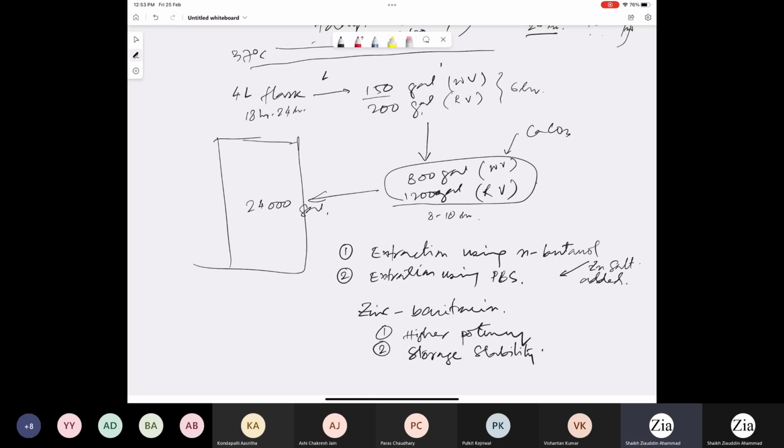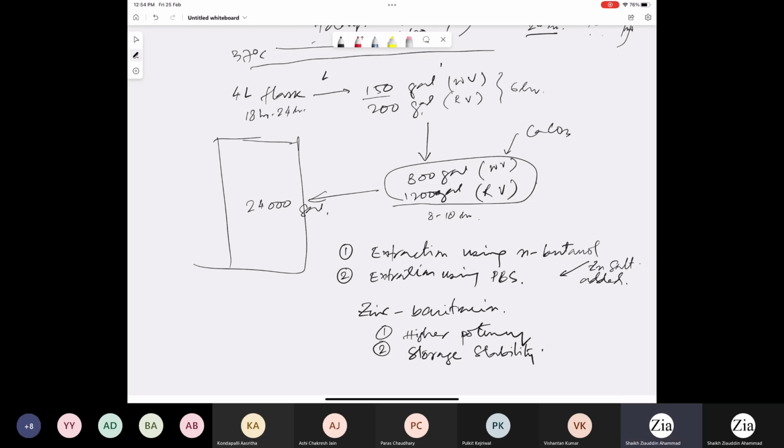You just take the broth, filter it, and then evaporate that to get solid bacitracin, and then you can just add it as a food supplement. Sometimes you can actually provide the digested biomass also, but in most cases they try to get this filtrate and then add it to the animal fodder to get animal feed supplemented with bacitracin.